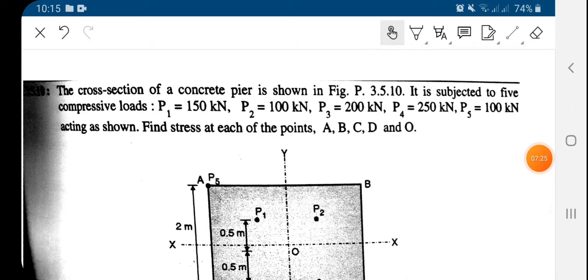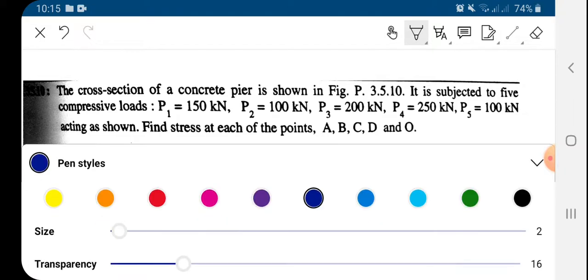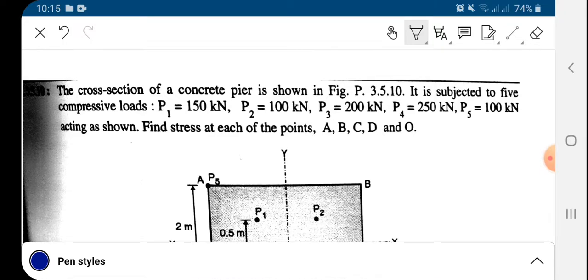Now let's take another example. A cross section of a concrete pier is shown in the figure. It is subjected to 5 compressive loads: P1 equal to 150 kilonewton, P2 equal to 100 kilonewton, P3 equal to 200 kilonewton, P4 equal to 250 kilonewton, and P5 equal to 100 kilonewton.